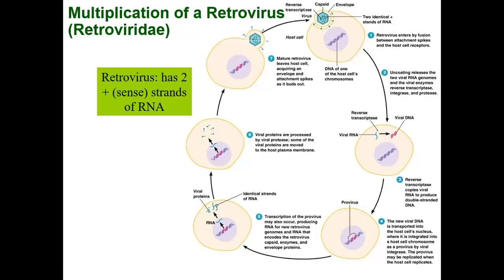Once it's integrated into the host chromosome, the viral DNA can be transcribed to make viral messenger RNA. And that will be positive single strand RNA. That will be moved into the cytoplasm to make the viral proteins, especially the capsid proteins, which will then get together with the replicated viral RNA to make the new virions, which will always bud out of the cell at low numbers.